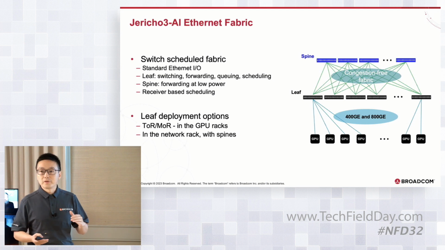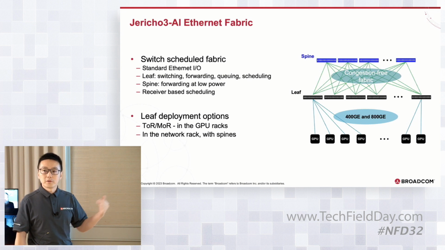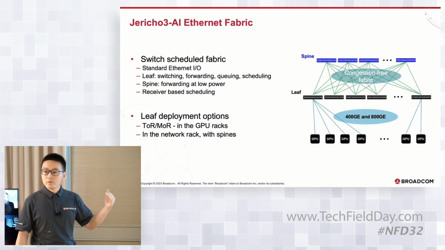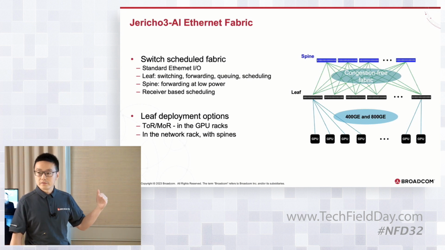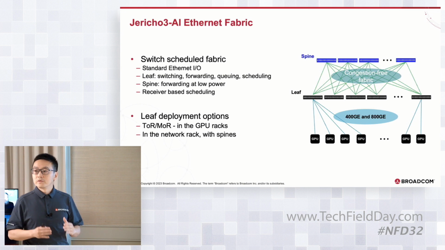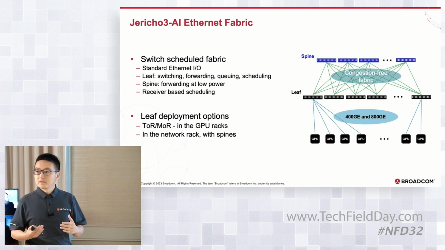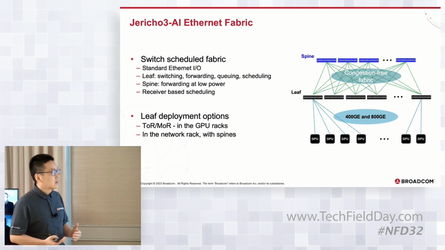They may need to put the leaf and spine together in the networking rack, and then they will use long-distance optics to interconnect the leaf with the GPU cluster. No matter which kind of placement, the behavior is always the same. It's always a receiver-based scheduled fabric, and there's no congestion inside the fabric.